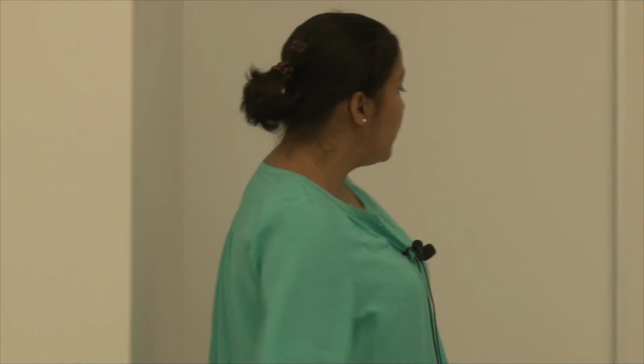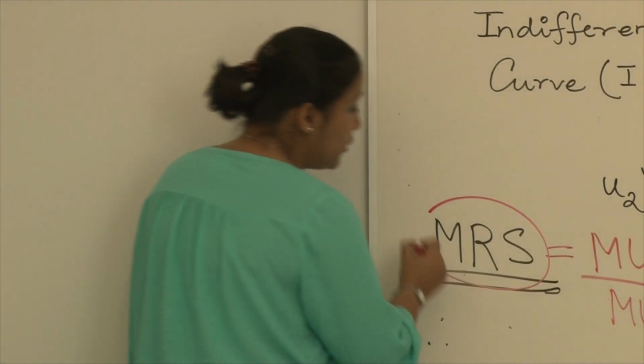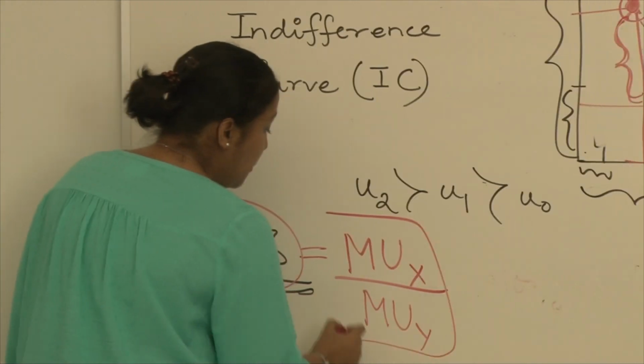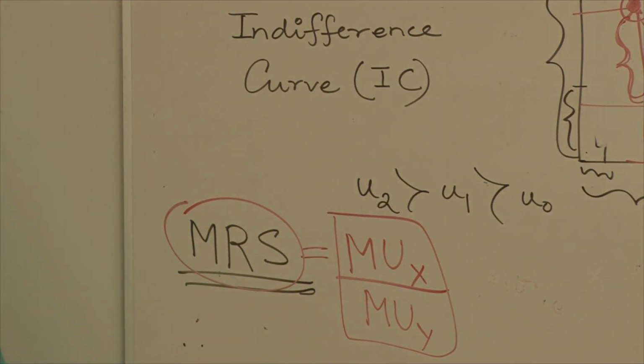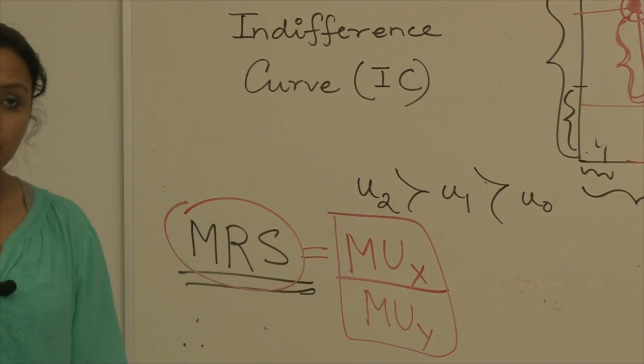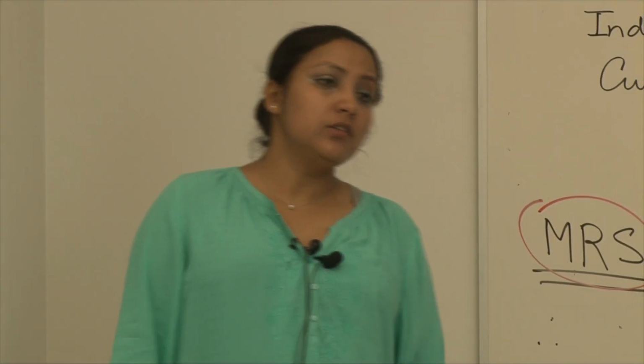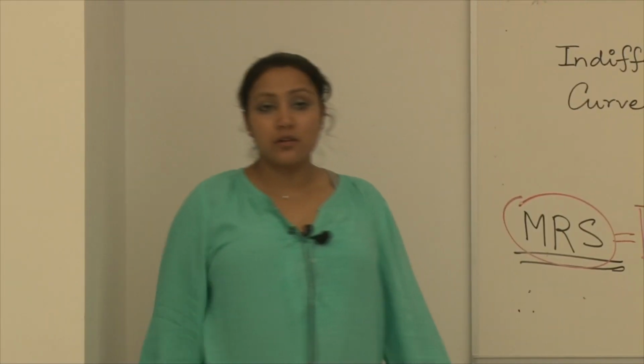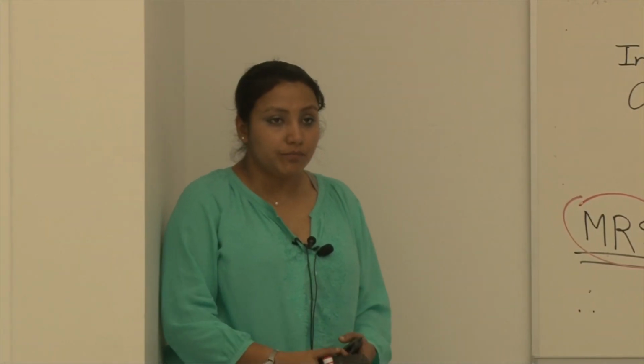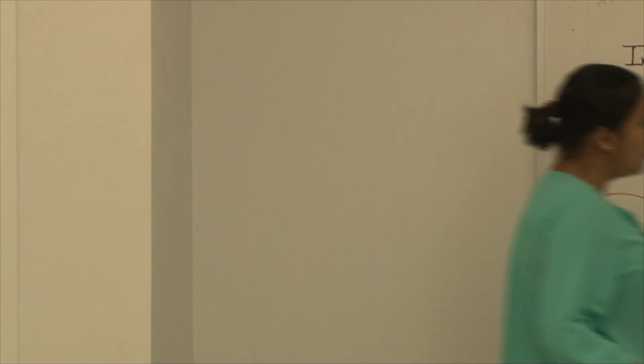So, the slope of the indifference curve is basically nothing but the ratio of the marginal utilities of the two commodities. It is the ratio of the marginal utilities of the two commodities, okay. And the slope of the indifference curve is this. Okay. So, now we know what is indifference curve.